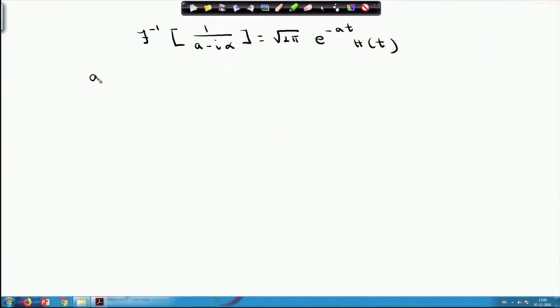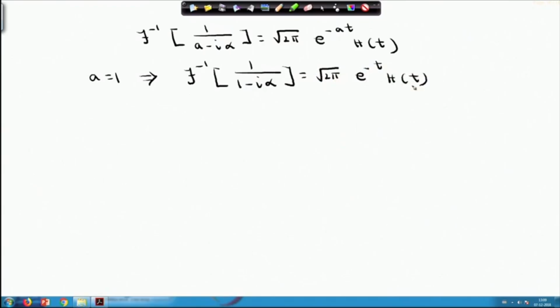Now, you put a equals 1 here, so that you will obtain the Fourier inverse of 1 by (1 minus i alpha), which equals root over 2 by pi e power minus t into h(t). And if I put a equals 5 over here, then you can obtain the inverse of the second function, that is 1 by (5 minus i alpha).